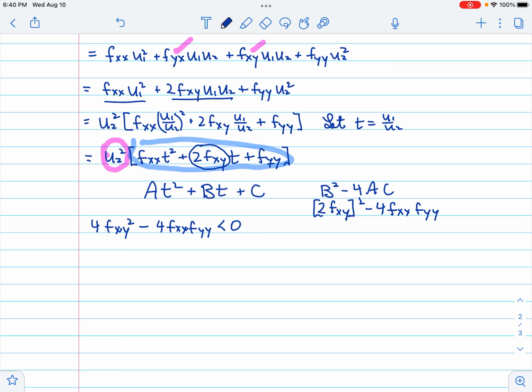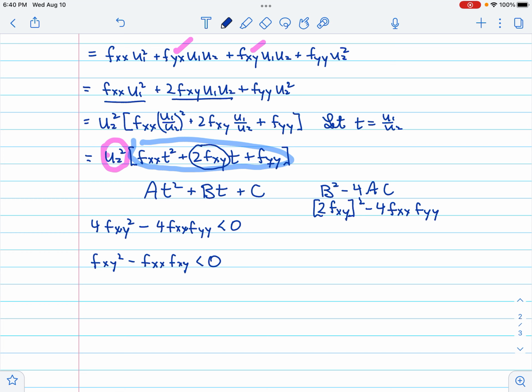See? So here's what we've got. We've got fxy squared minus 4 fxx fyy. Actually, look at me putting that 4 in there. I meant to take that 4 out. Forgive me. Okay, fxx, fyy. Yeah.